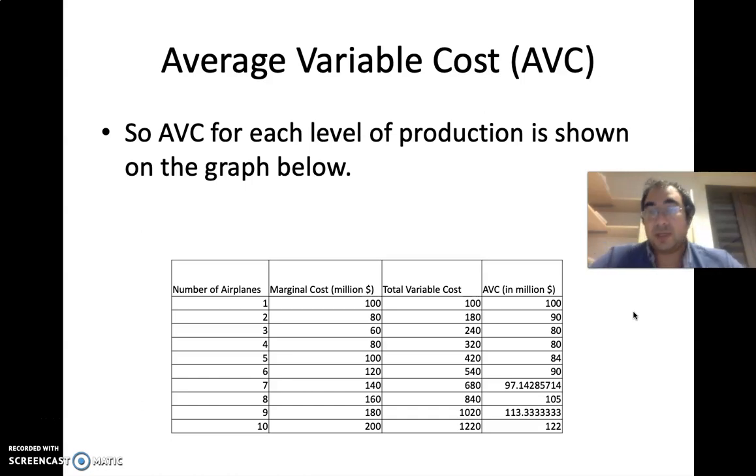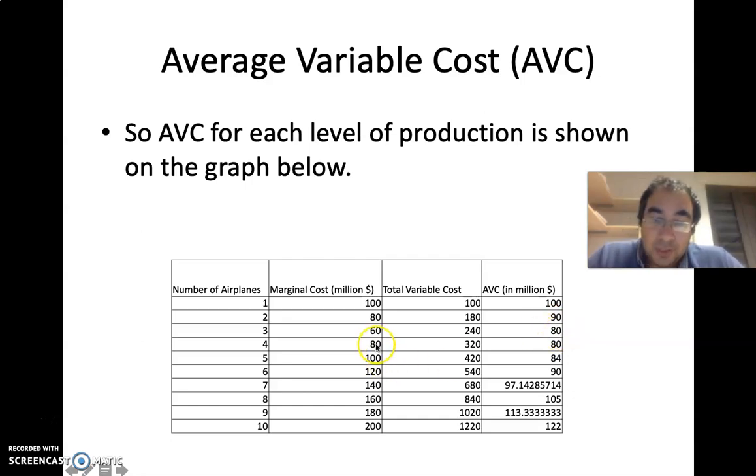Well, if you add, for example, to a classroom of students who got on average, let's say 3.0 as a grade, and if you add a student whose grade is lower than 3.0, it will decrease the average grade, basically. So when you produce 2 units, with an average of 90, and add the third unit, the third unit will increase cost by 60. Well, 60 is lower than the average cost, basically. So it will lower the cost.